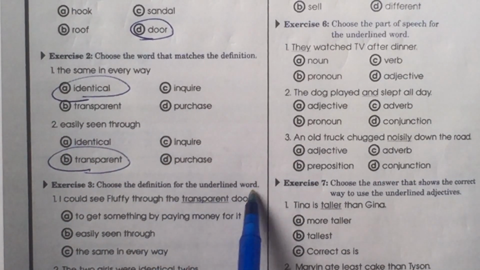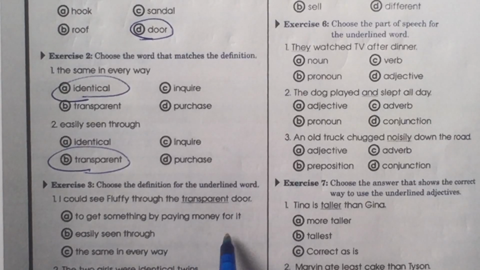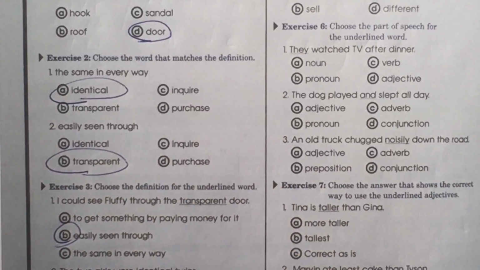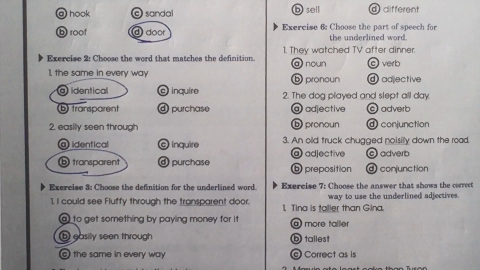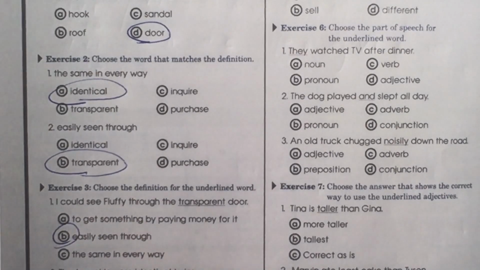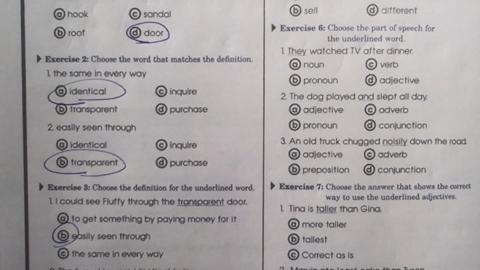Okay, choose a definition for the underlined word. I could see Fluffy through the transparent door. So that is something that's easily seen through. Number 2, the two girls are identical twins, so they're the same in every way. Choose the correct synonym. Transparent would be clear. Identical would be, oh, I'm so sorry.